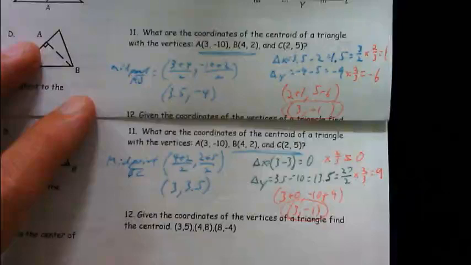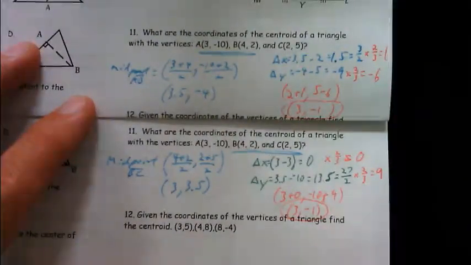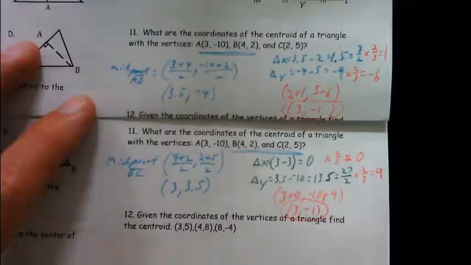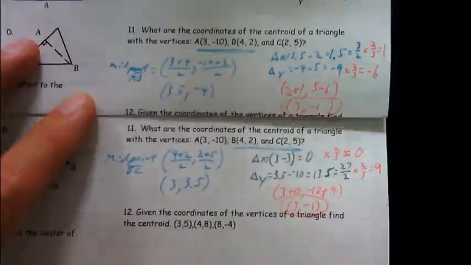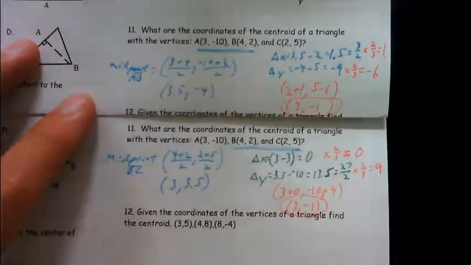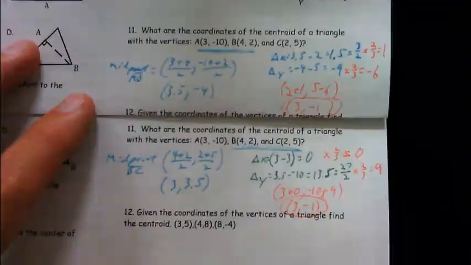Or if you know that, if you can draw one of your medians and know that the centroid is 2/3 the distance from the vertex to the opposite midpoint, you'll find the centroid. Again, I would not spend time doing any of this work on the test because you have a diagram. Use the diagram.